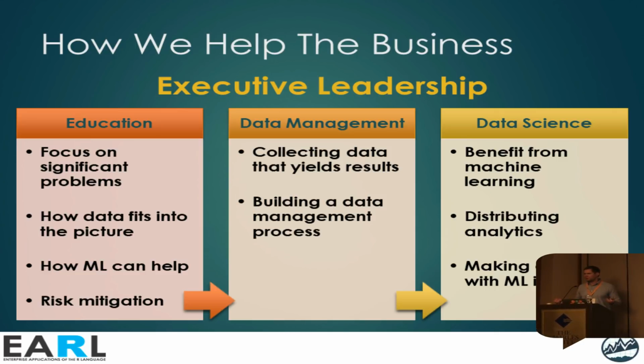So we focus on significant problems and try to get them to understand how data really fits into that picture and how machine learning can help, and also things you need to think about, such as risks. What happens when, over time, a model tends to break down or things change? What are you going to do? So that's the education piece.